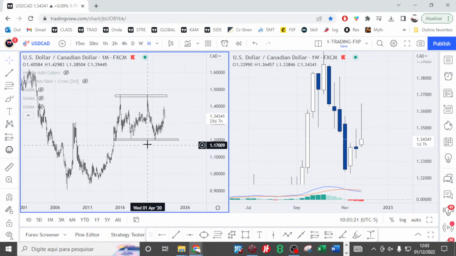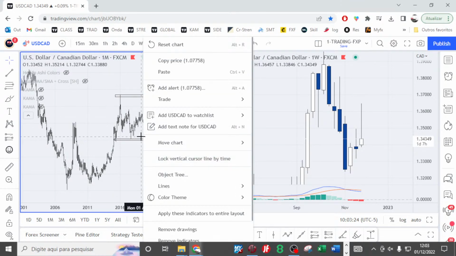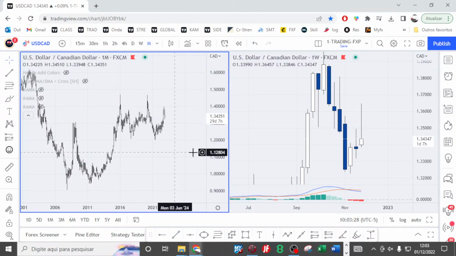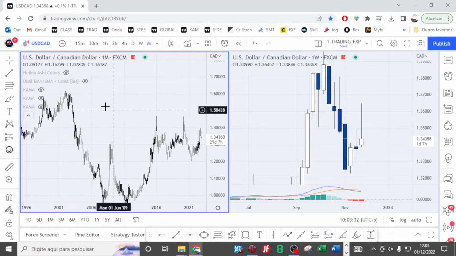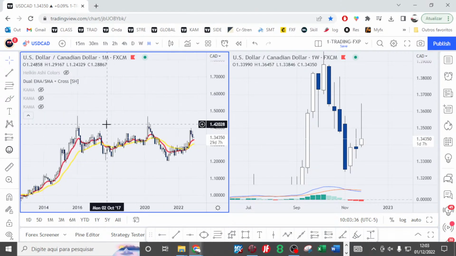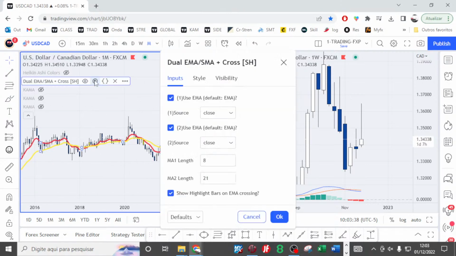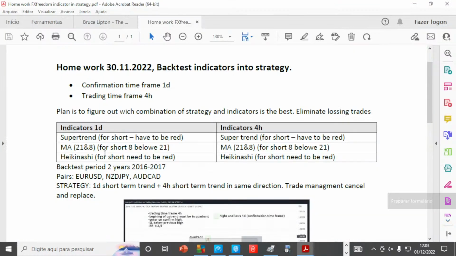Okay, and this is TradingView, everybody. So remove drawings. And dual SMA, maybe this one. So it's dual SMA, 8 and 21, and Mattia has 8 and 21.